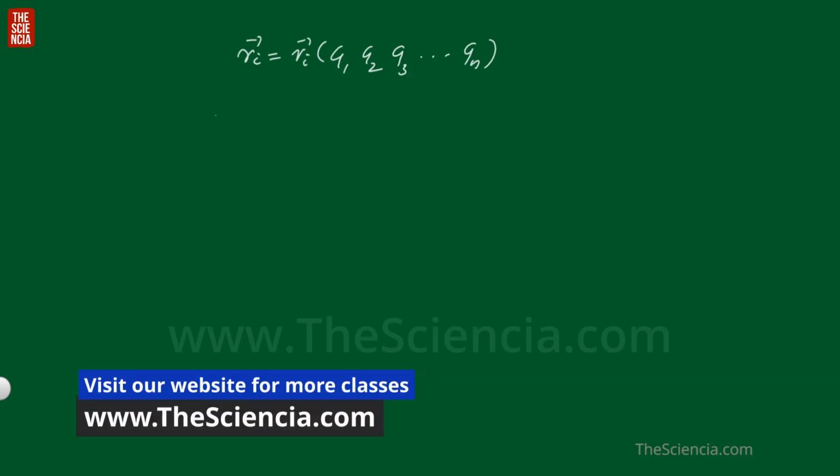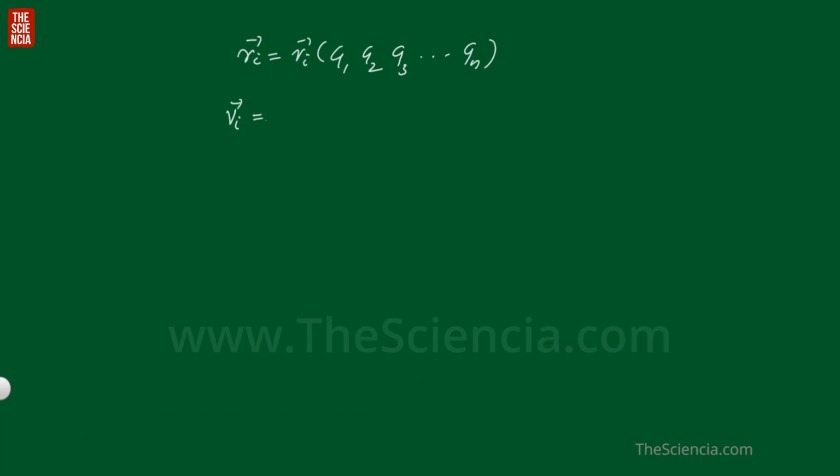Here I took ri equal to ri of q1, q2, q3, etc., qn. Then what will be the generalized velocity? That is vi vector, equal to dri vector by dt.